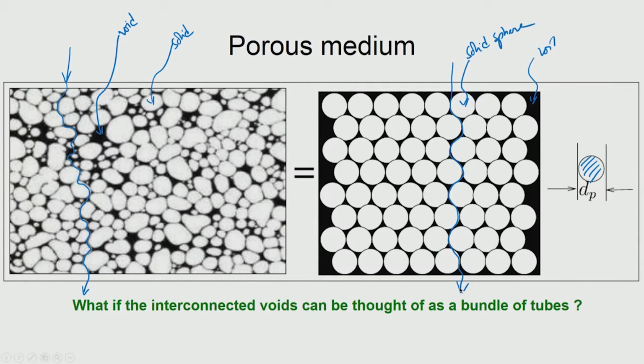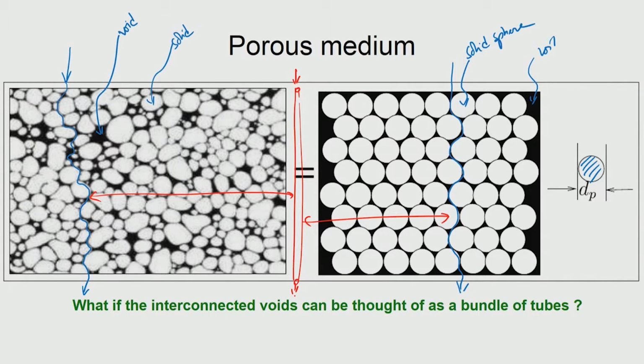So, in both these situations, for example, you could treat that there is a certain amount of void volume that is available for the fluid to go through. And one situation that we want to now use is the path that is taken, can we then imagine that to be like a tube. So, we want to actually check can this path be imagined as a tube through which the liquid is going through. Okay.